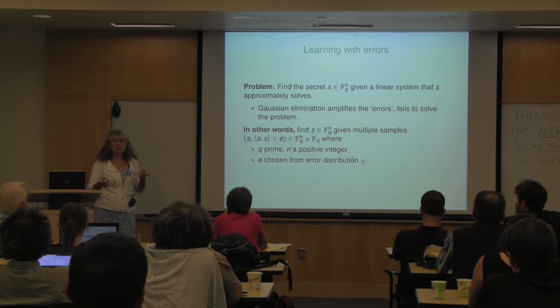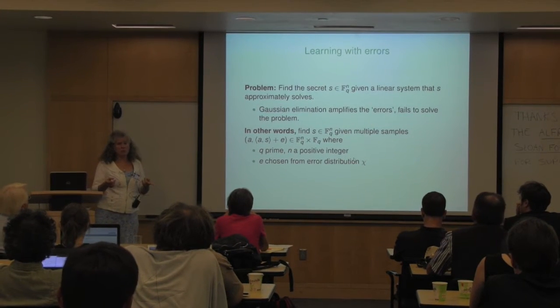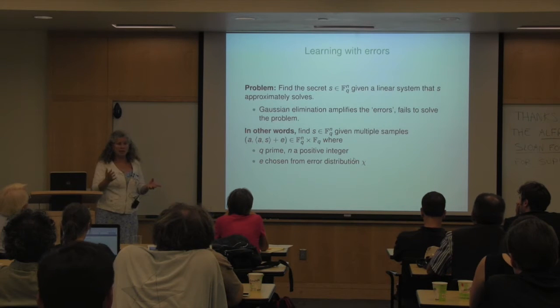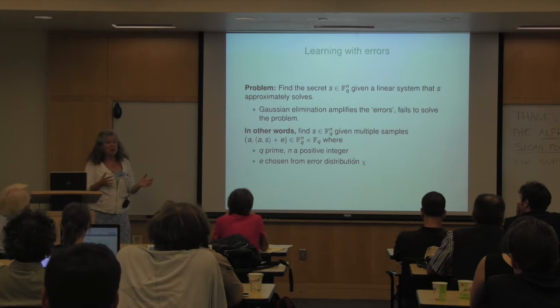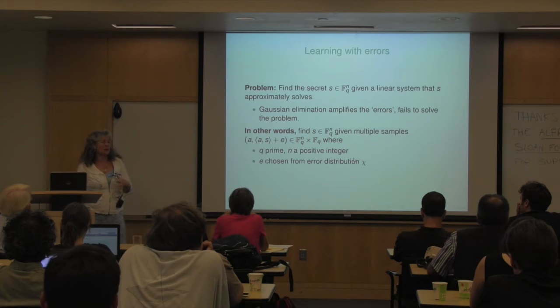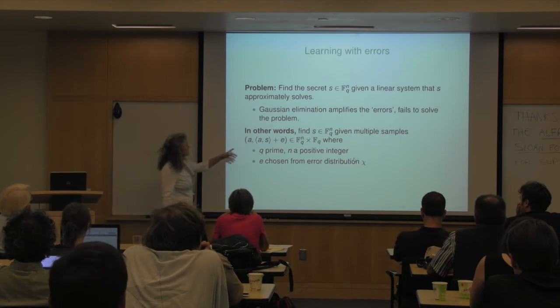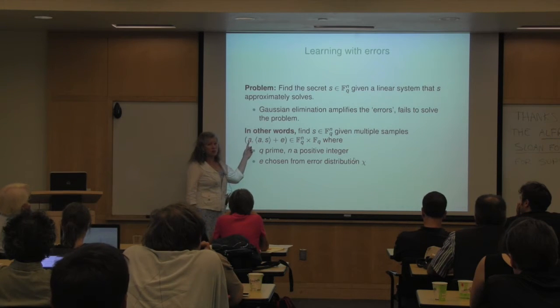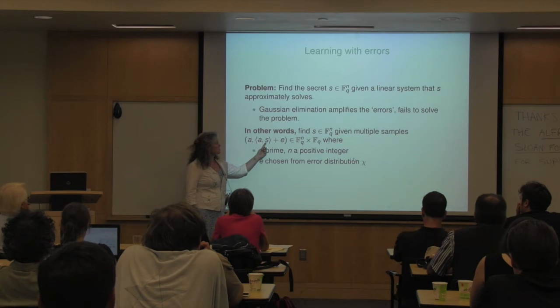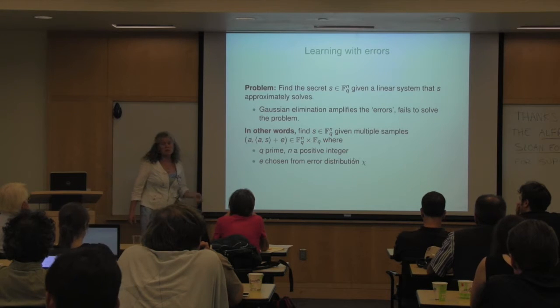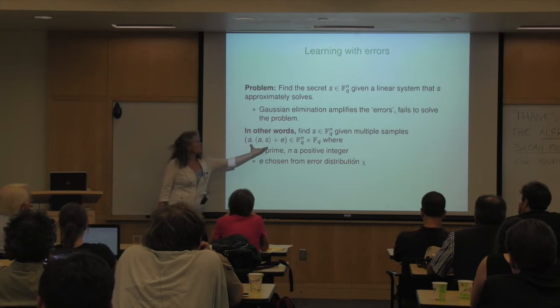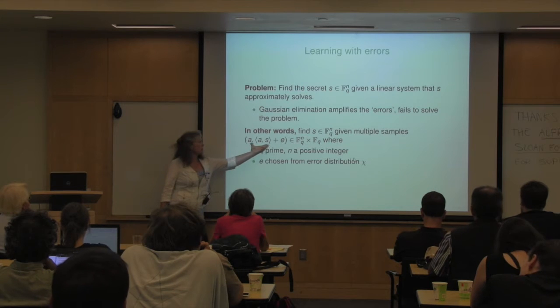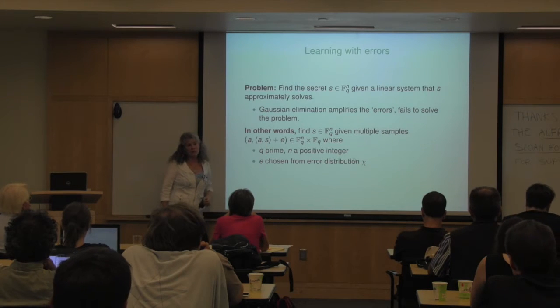The first entry is a random vector chosen uniformly at random, and the second entry is going to be an inner product with your secret, plus some error. So A is a random vector, and A inner product with the secret plus some error is the second component of the sample. If you're given a bunch of samples, the search version of the learning with errors problem would be, can you find the secret?